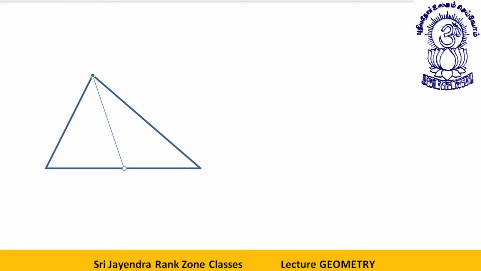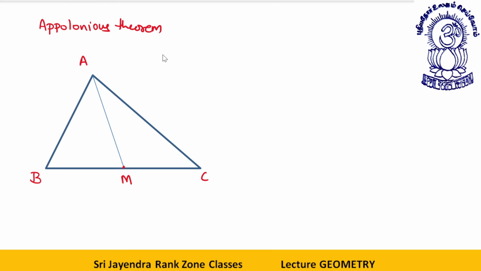What does the Apollonius theorem state? Suppose this is a triangle ABC and this D is the midpoint. Let it be M this time, so that you may not get confused.